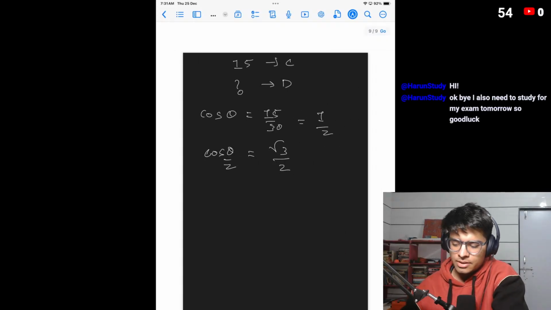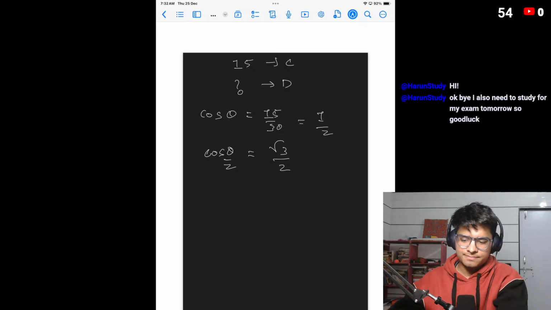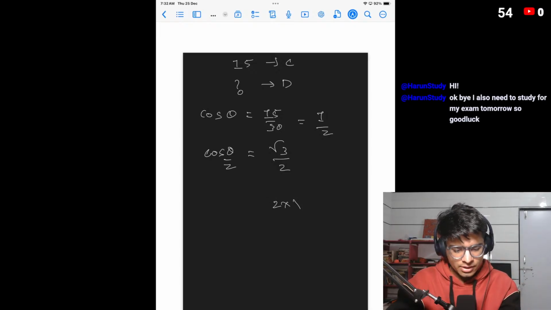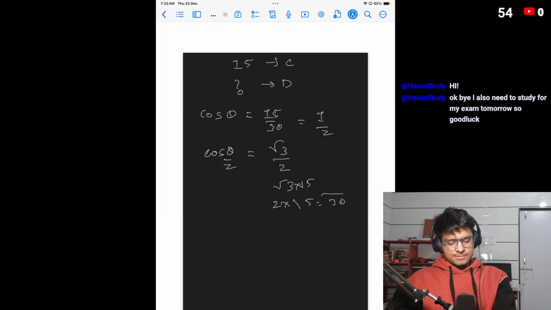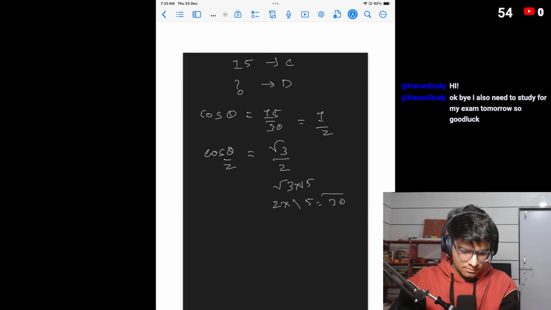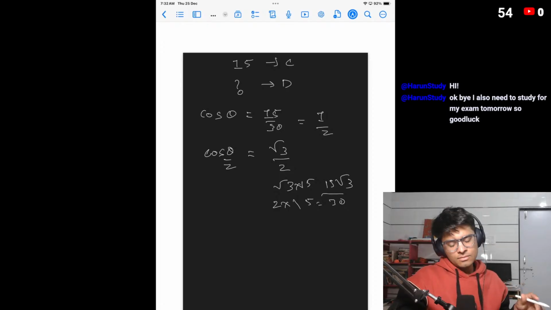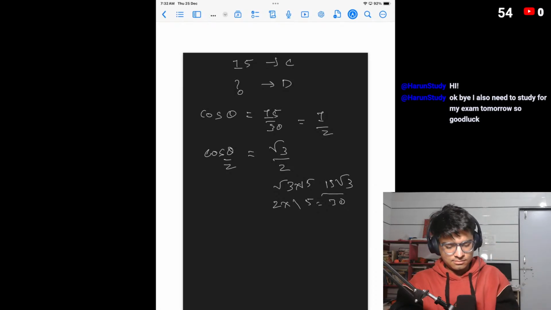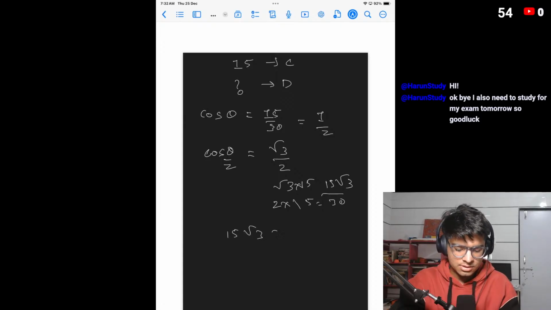It is root 3 by 2. 2 into 15 you get 30. Root 3 into 15 you get 15 root 3, which is 15 into 1.73.